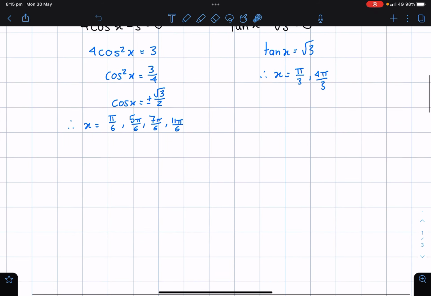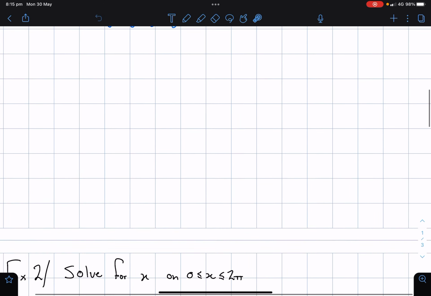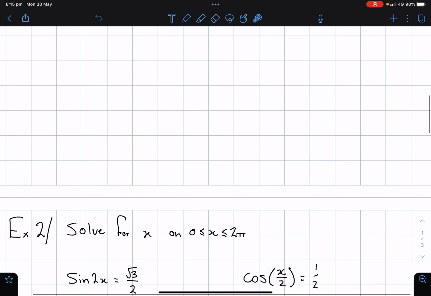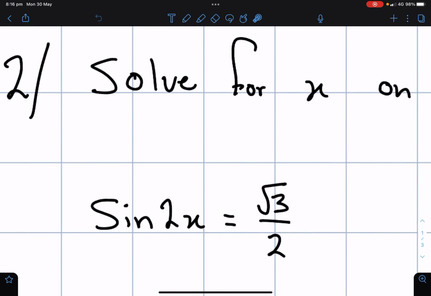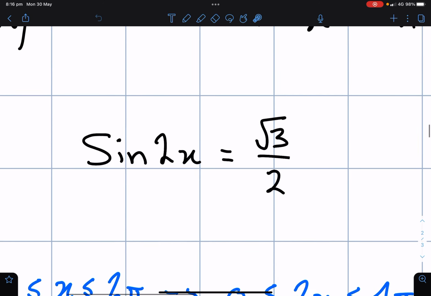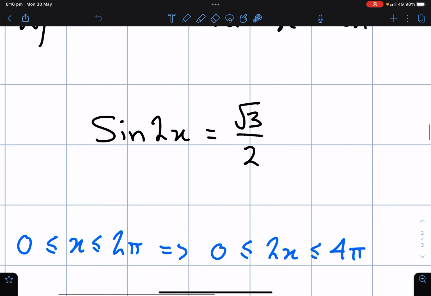Now, we can complicate things a bit further by changing the period. So I've got two different examples here. We've got sine of 2x equals something, and then the cosine of x divided by 2 equals something. We're going to focus on this first one to start with. Having the interval 0 is less than or equal to x, which is less than or equal to 2 pi, if we multiply all three terms by 2, the inequality stays the same.